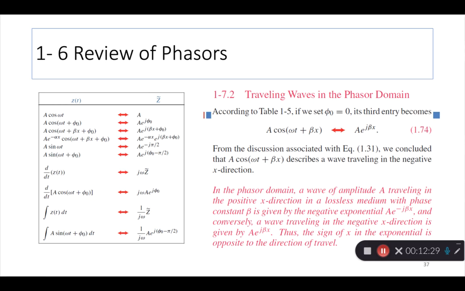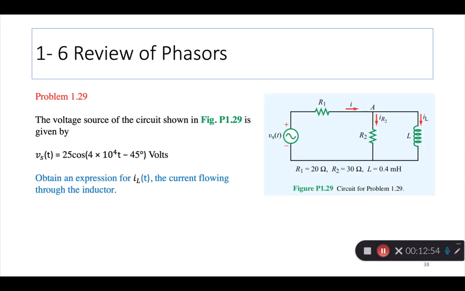If the phase constant beta is given by the negative exponential, that means it has a negative sign, then that's traveling in the positive direction, and vice versa. Thus the sign of x in the exponential is opposite to the direction of travel.